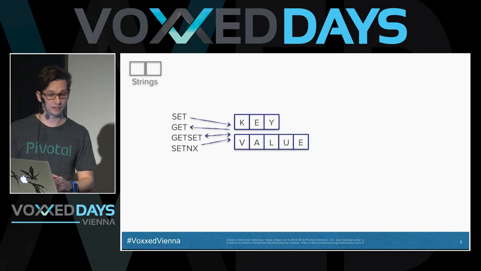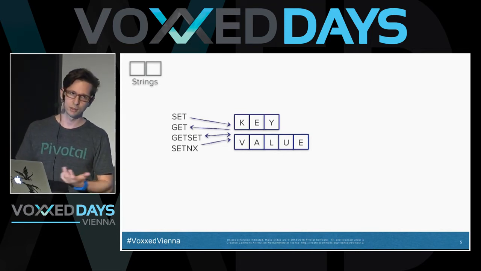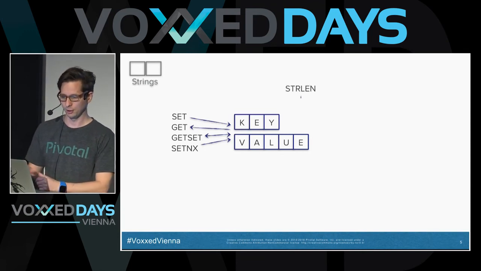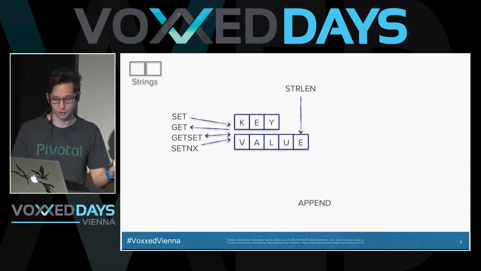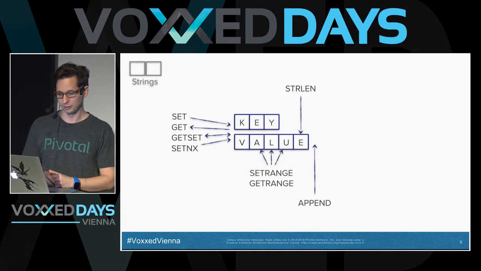We can use setNX, which is a set if not exists. So if the value already exists, we won't have it set. It will be untouched. Only if it didn't exist. We can ask for the length of a string, pretty obvious. We can append something to a string.